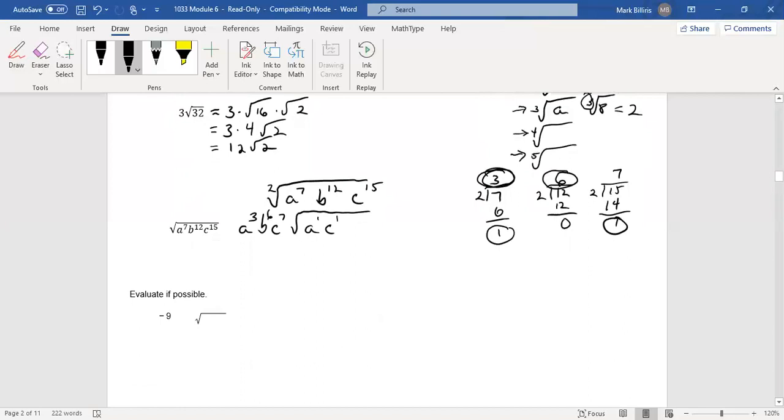Okay, so the next example is the square root of -9. Remember, it's asking us what number multiplied times itself equals -9. Well, there's no real number, because if I multiply a positive times a positive, my answer is positive. You say, well, what about negative?